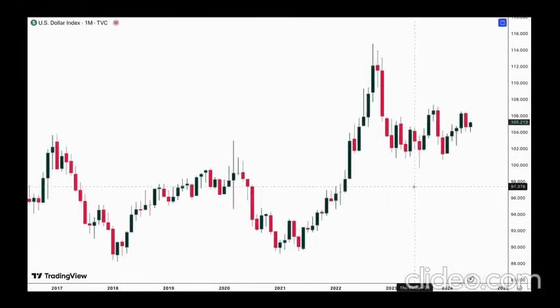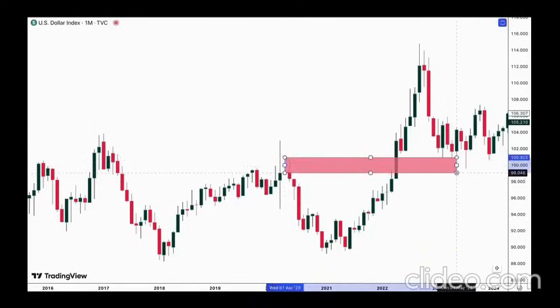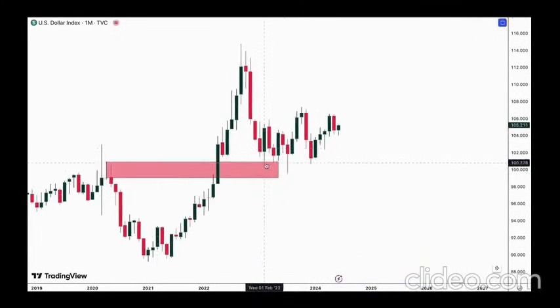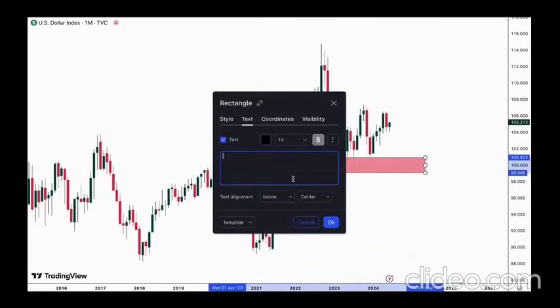By using these tools, I can show you one important thing here. What we call this is resistance.